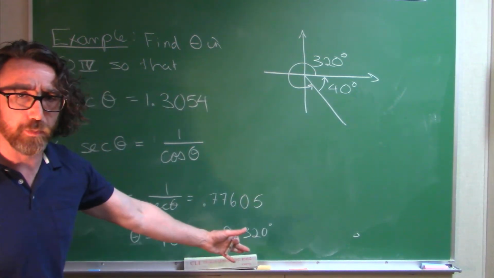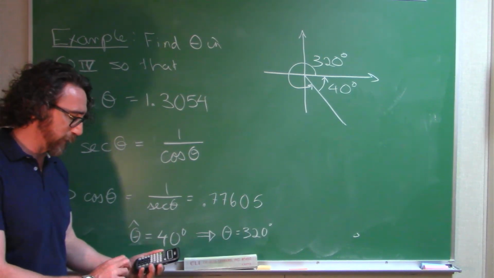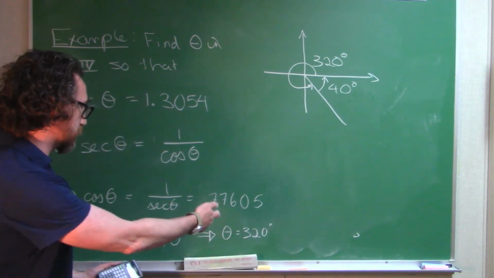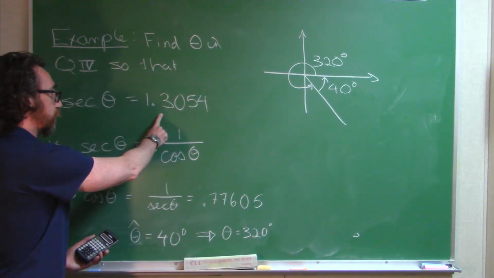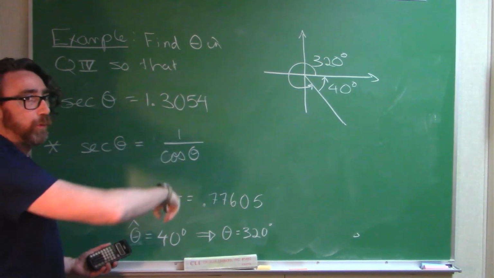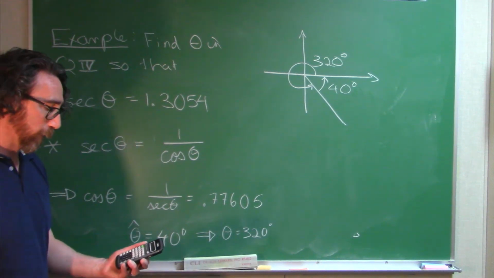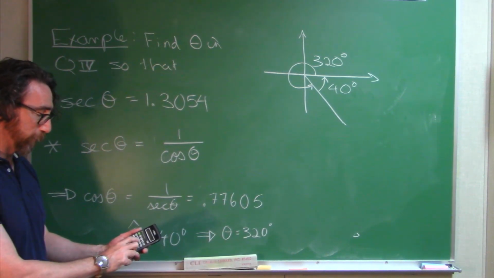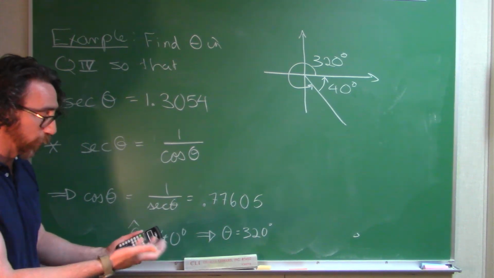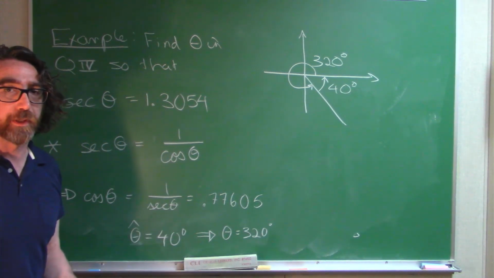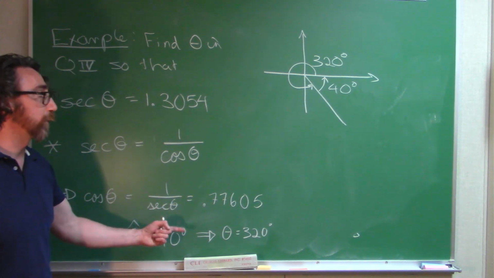Okay, you can always check your work on these inverse trig functions, very easy to do. I just find the secant of this thing and figure out if the secant of my angle is equal to 1.3054. So I'm going to take 320, I'm going to take the cosine of that, do the reciprocal, 1.3054. Okay, great. So we have found the angle.